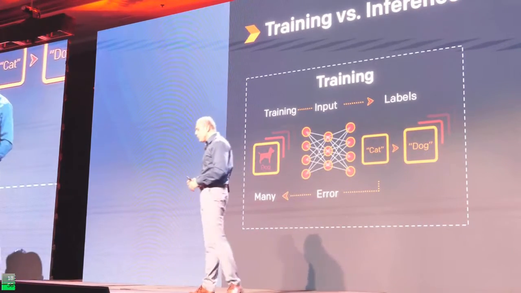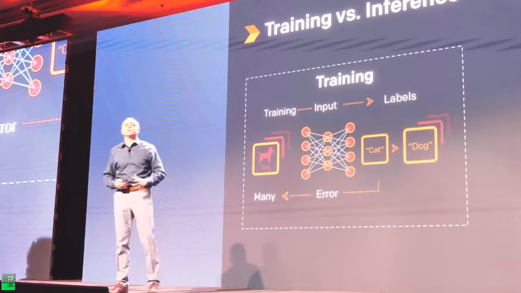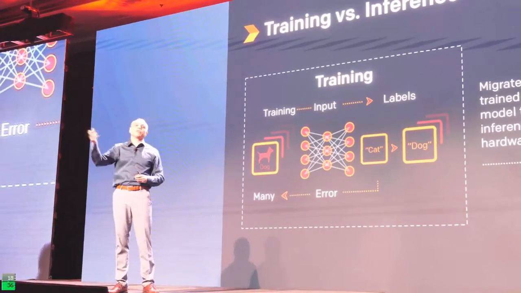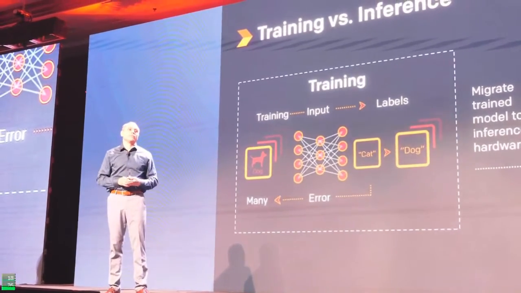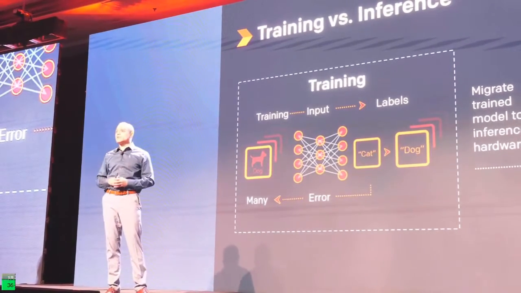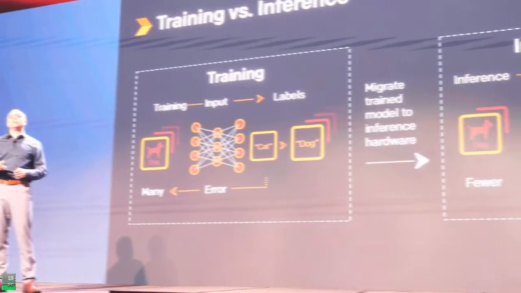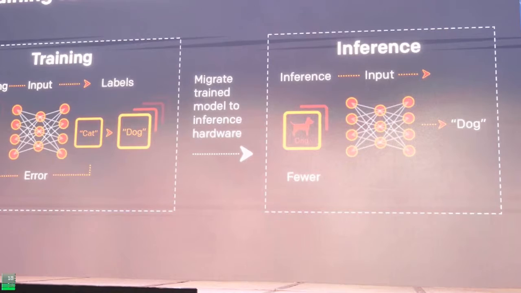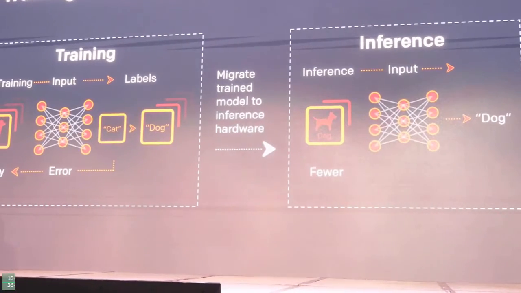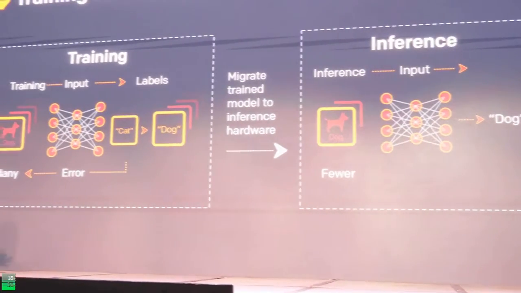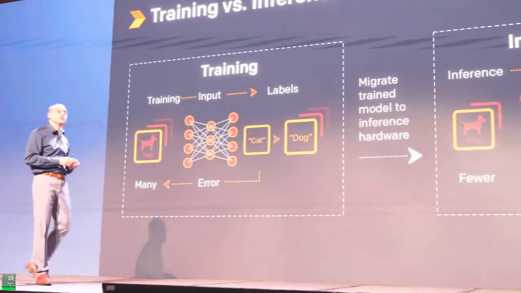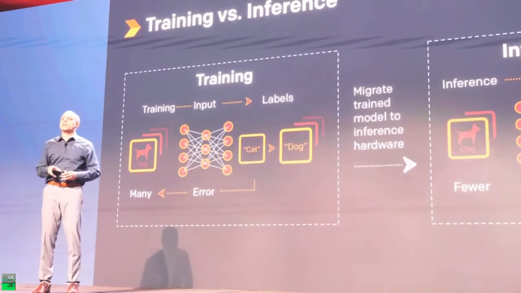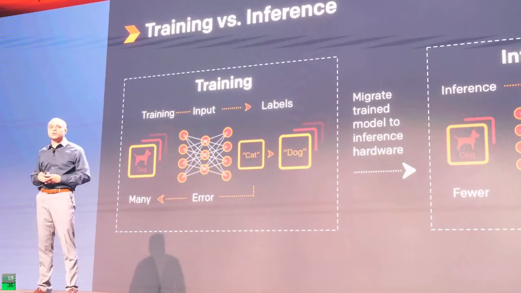Now, once you have the trained model, you deploy the trained model in your application, either on the cloud or the edge or the endpoint. In inference, you take small amounts of data, maybe a single image, and you send it through, and you get an inferred output. Now, performance is also very important in inference, but latency is critical. And sometimes latency is actually a constraint.